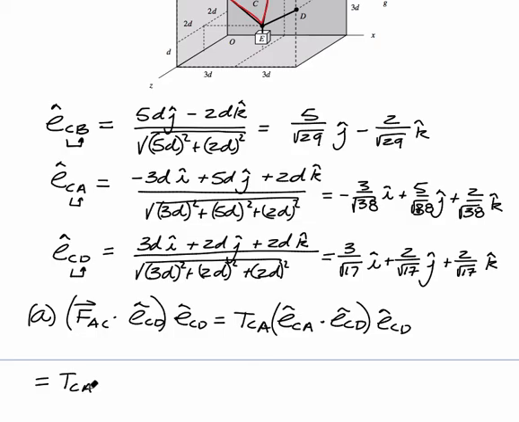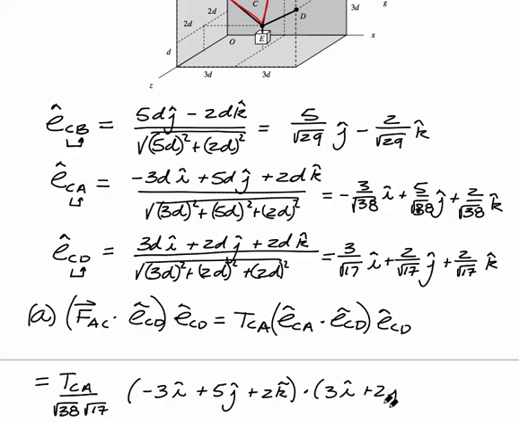Bring out the square root of 38 and the square root of 17, and the dot product is going to be between minus 3i plus 5j plus 2k, dotted with eCD, which is 3i plus 2j plus 2k.